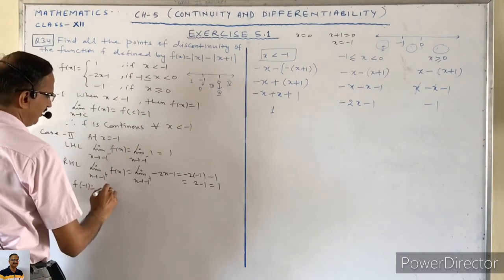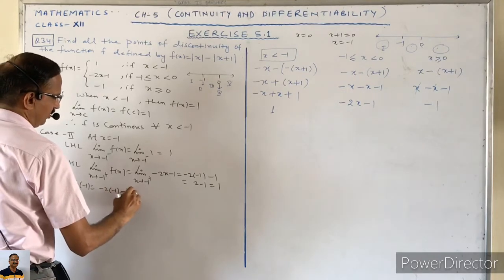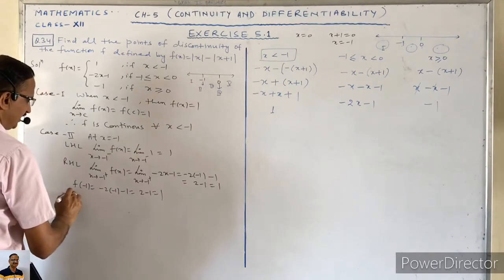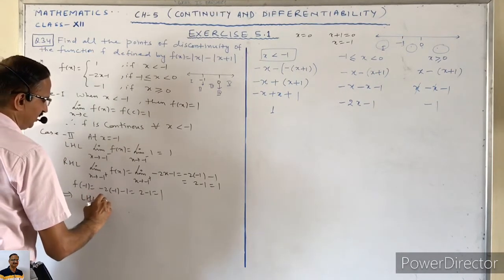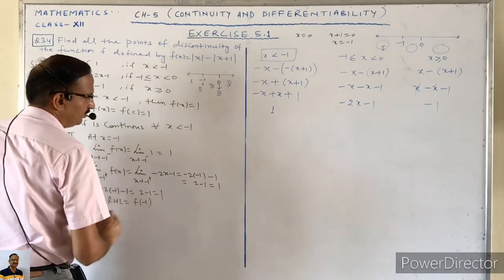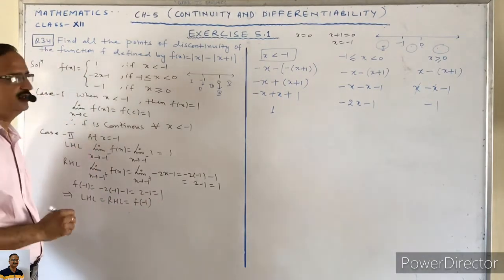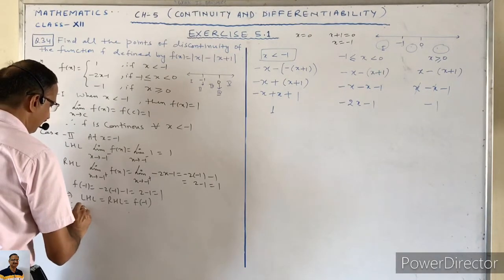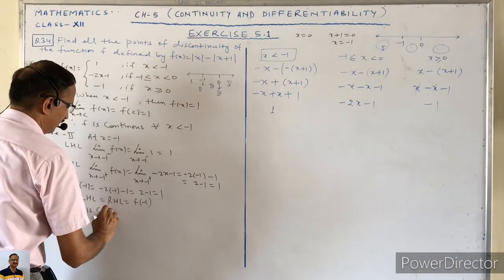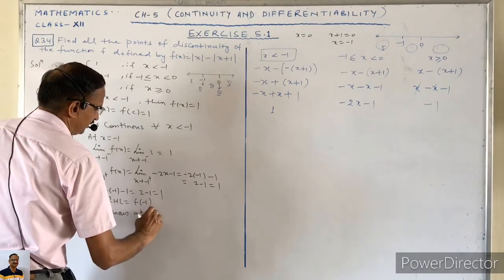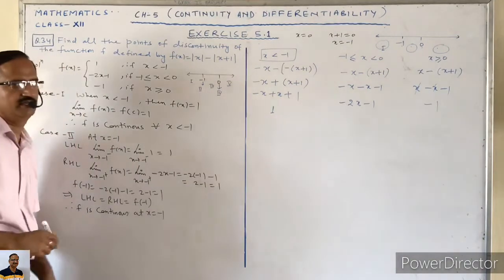So when we put the value, then also we get 2 minus 1, 1. So this implies that left hand limit equals right hand limit equals value of the function at the point. Therefore, f is continuous at x equals -1.